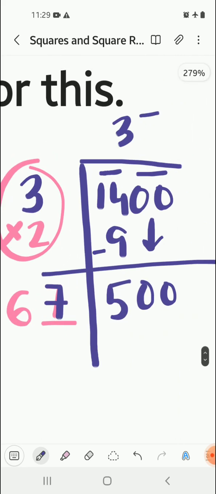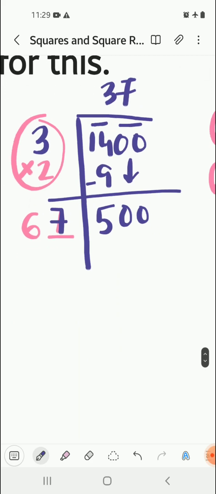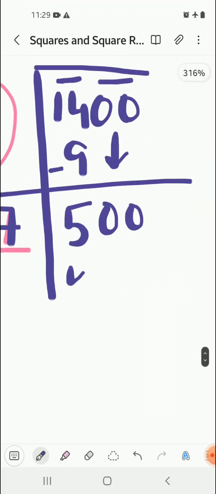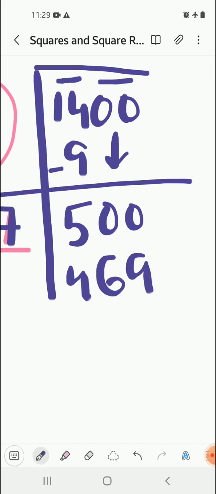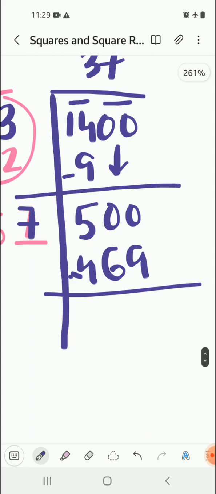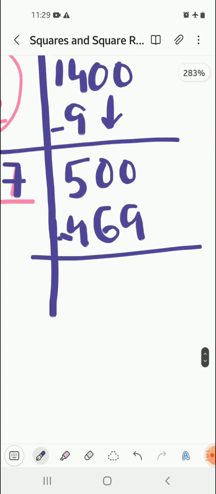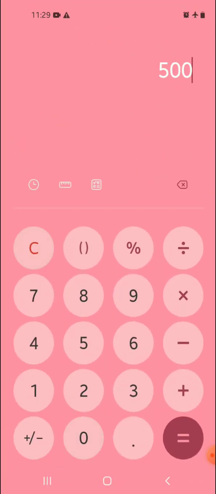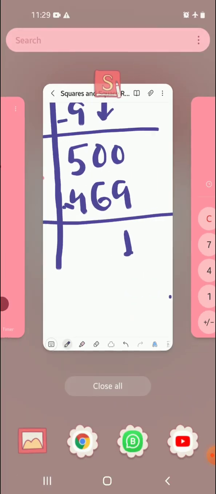67. And we are going to write 7 here as well. The number is 469. So let's write 469. Now subtract the number. 500 minus 469, 31.